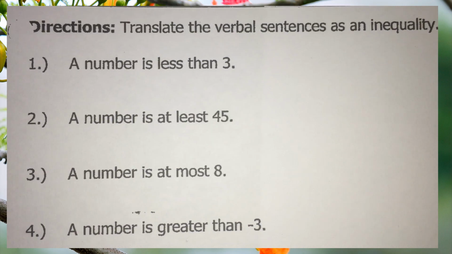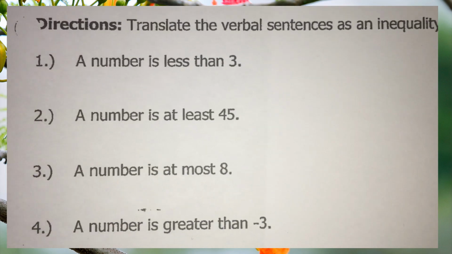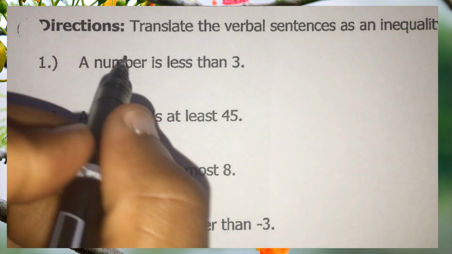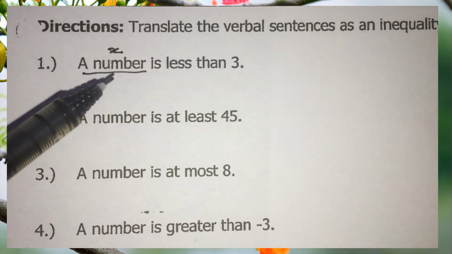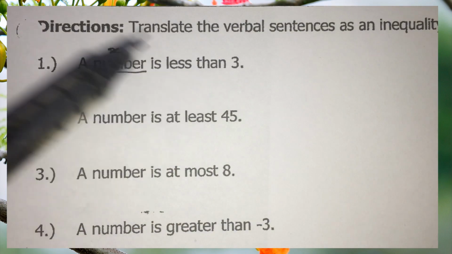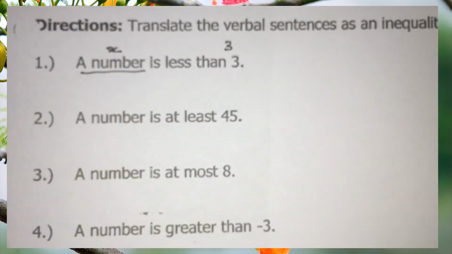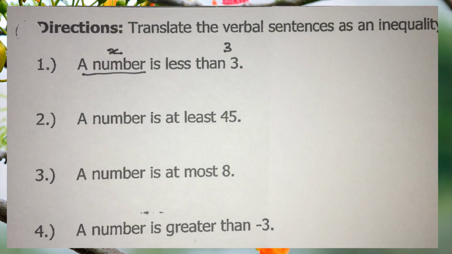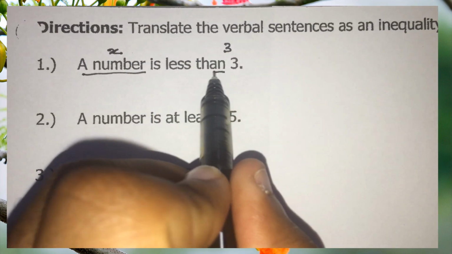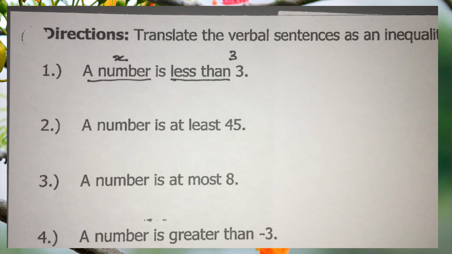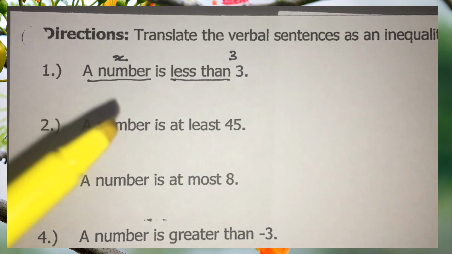So let's go. Here it says, for number 1, a number. We don't know what that number is, so I could say, okay, the number, I'm going to call it x. So a number is less than 3. So I'm comparing x and 3, and the comparison is that x is less than 3, right? When we say x is less than, we mean x is smaller than 3.